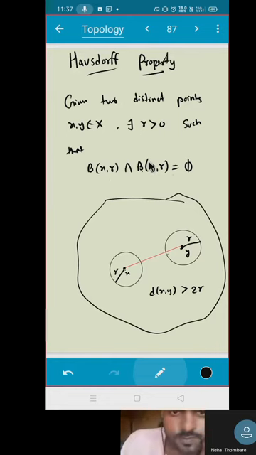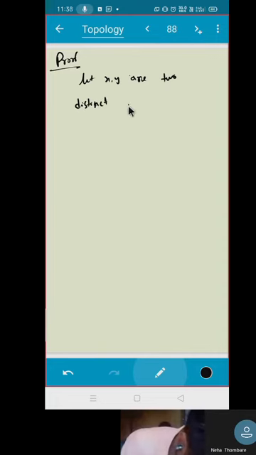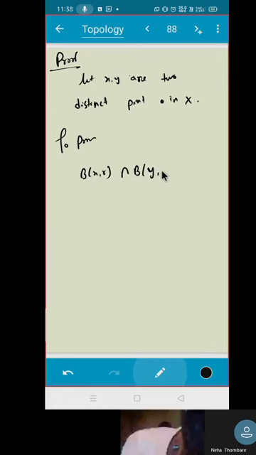Yes, sir. So let x, y be two distinct points in X. To prove B(x,r) intersection B(y,r) is empty.